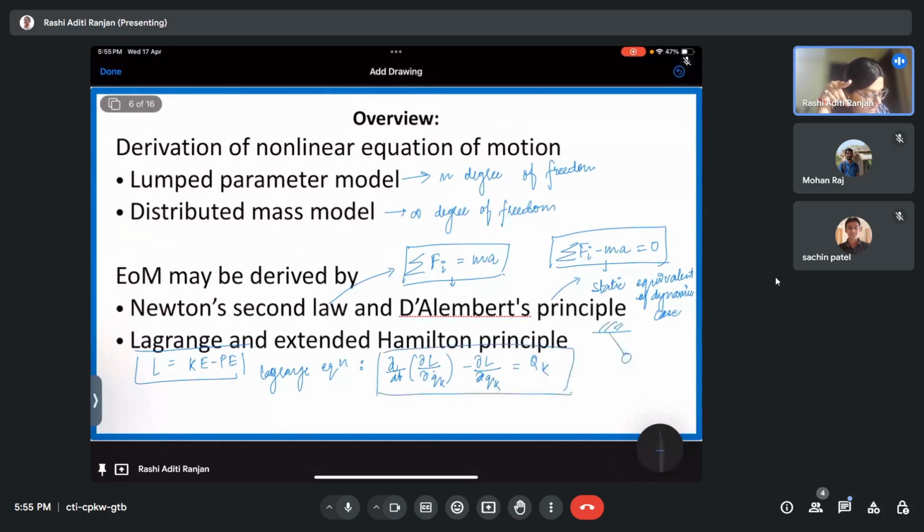If you see, it has some deflection in the x direction and also some deflection in the y direction. However, when we write the equation of motion of a pendulum, do we write it in terms of x or y? No, we write it in terms of theta, where theta is this angle.